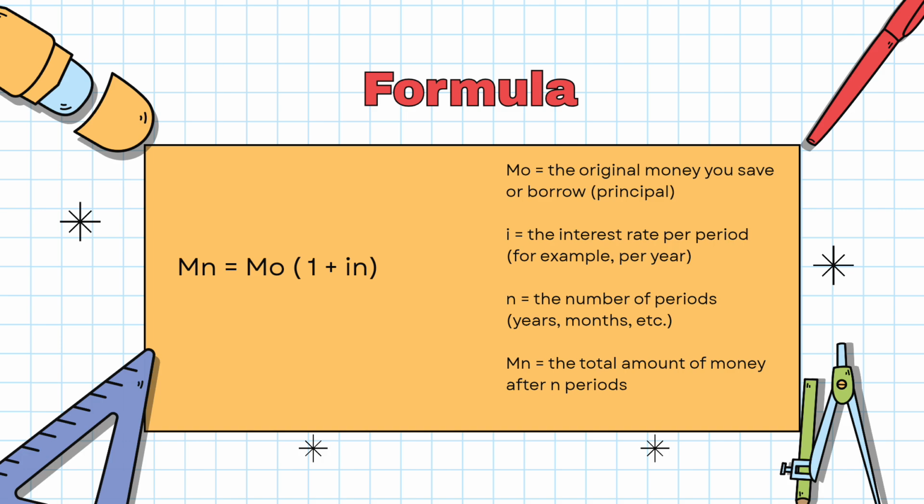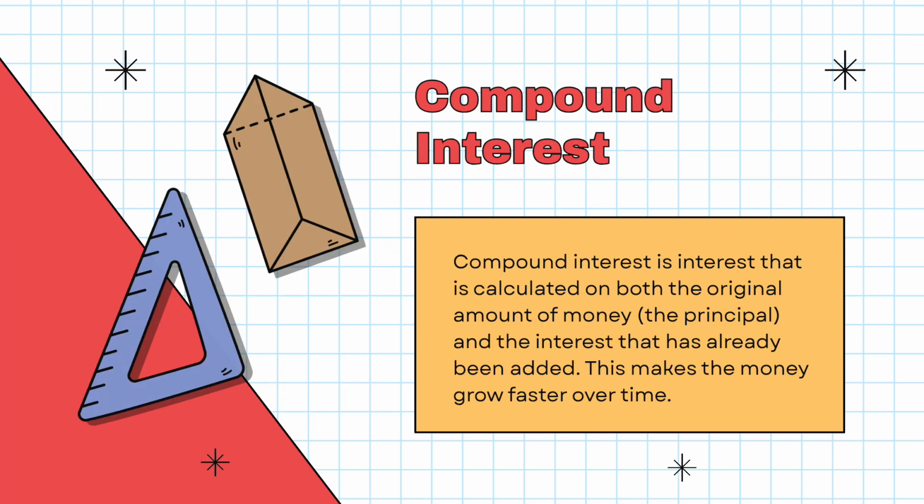Mo is the original money you save or borrow, and I is the interest rate per period, for example, per year or per month, and n is the number of periods, and Mn is the total amount of money after n periods.